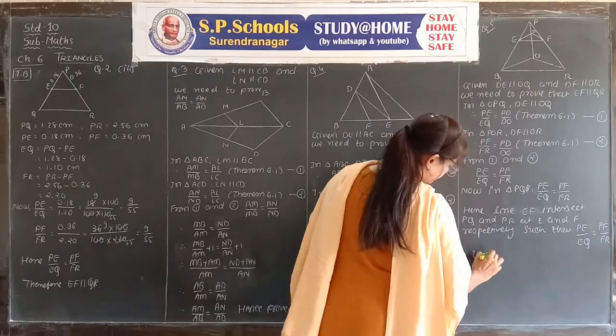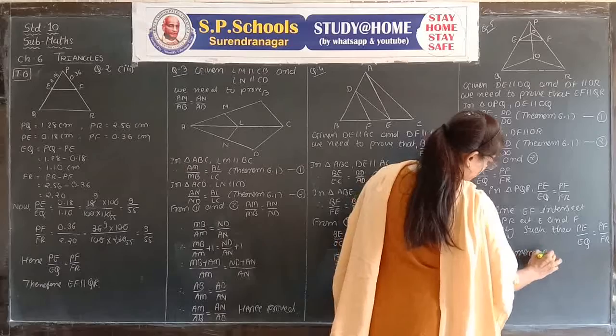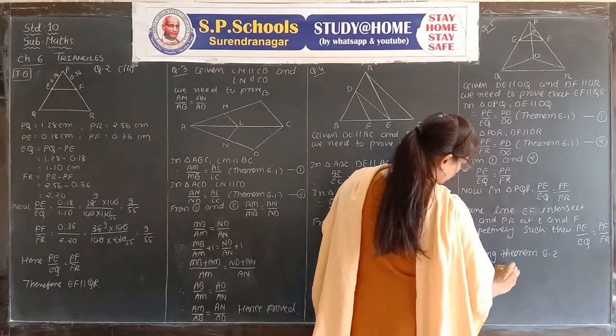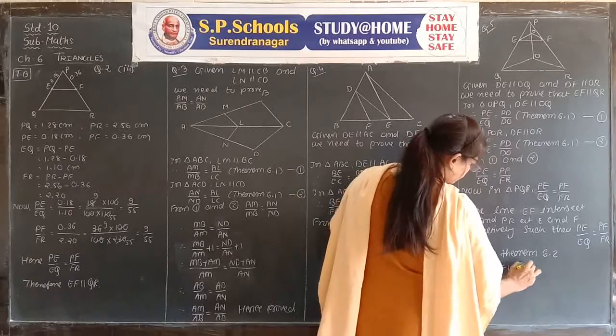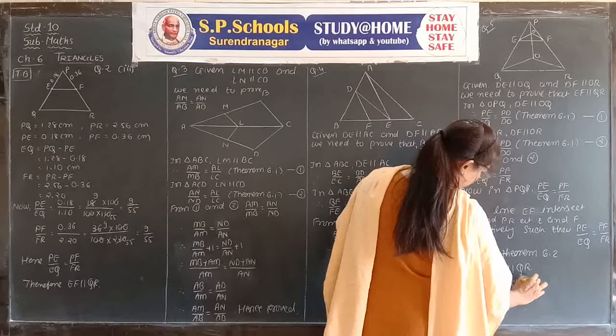Therefore, using Theorem 6.2, the line EF is parallel to QR, and hence proved.